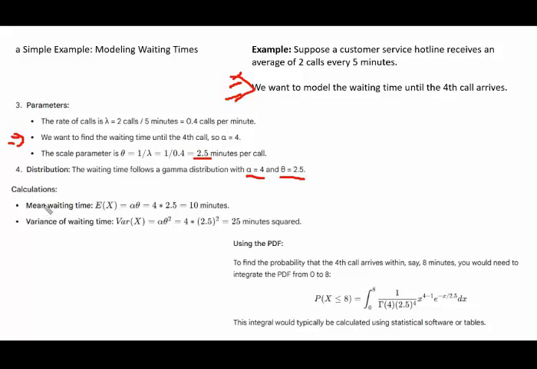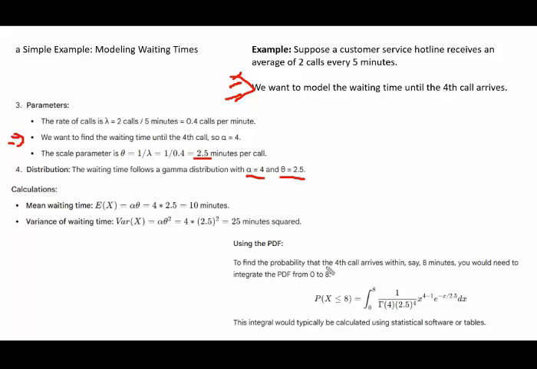And the calculation for the mean and the variance: the mean is 10 minutes and the variance of the waiting time is 25 minutes. So we use the PDF to model the waiting time until the fourth call arrives.